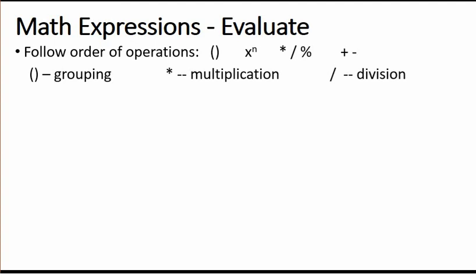So we have our parentheses for grouping. Multiplication is the star or asterisk or shift 8. The slash is your division. We have exponents, which is a little different in C++, and I will talk about that shortly.